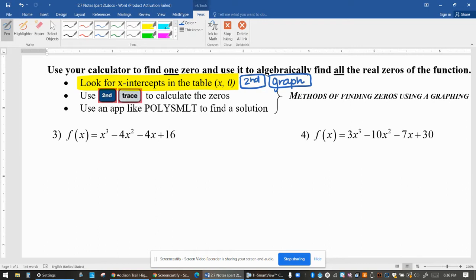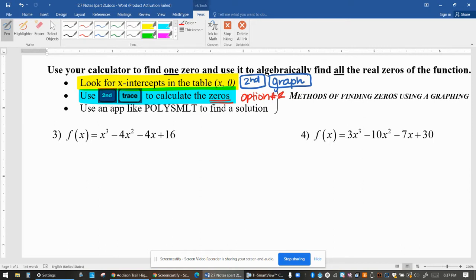You can also use second trace and use the zero option, which is usually option 2. Let me double check. Yep. So you can select that. That's option 2. Select option number 2. And we've done that before when we were solving complicated equations.